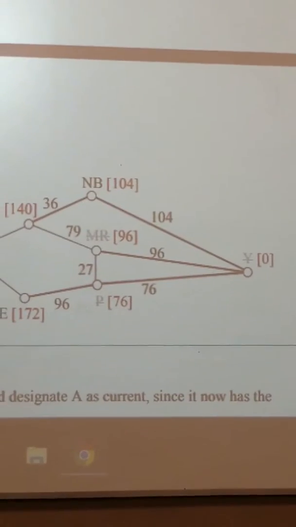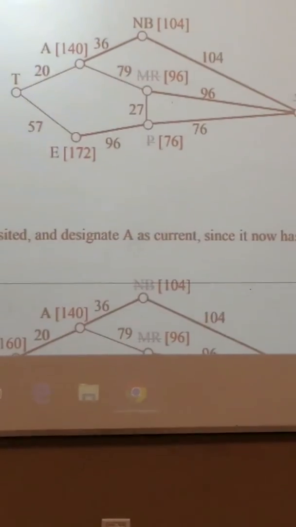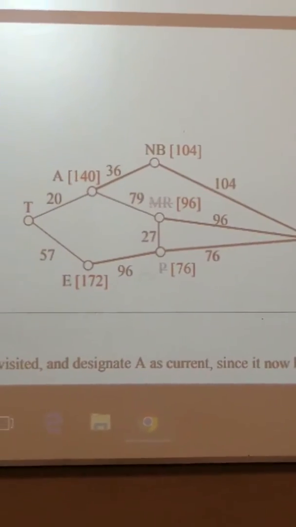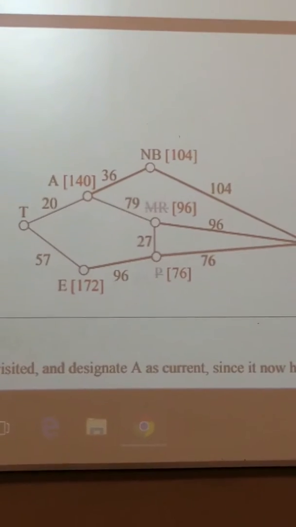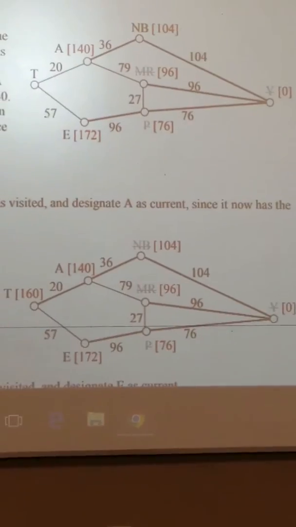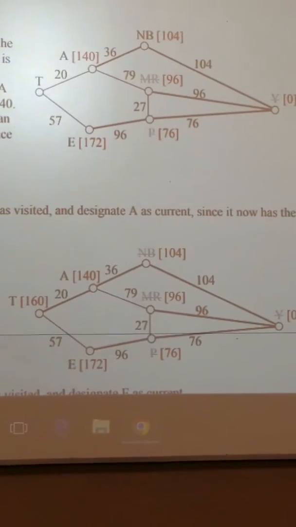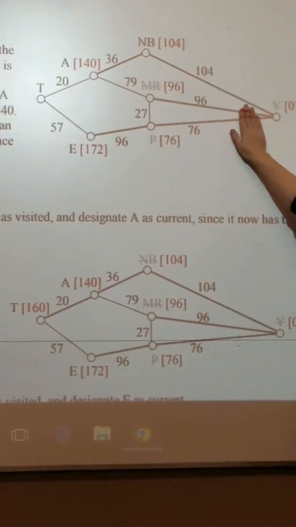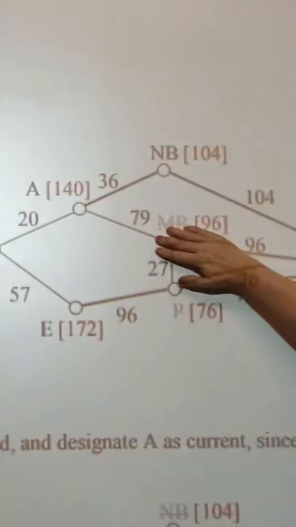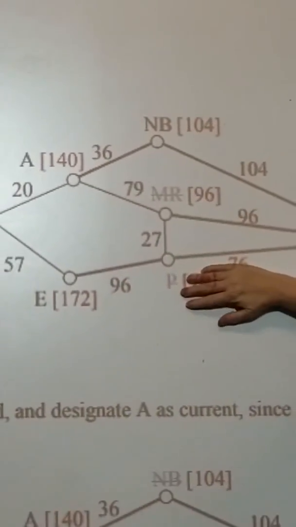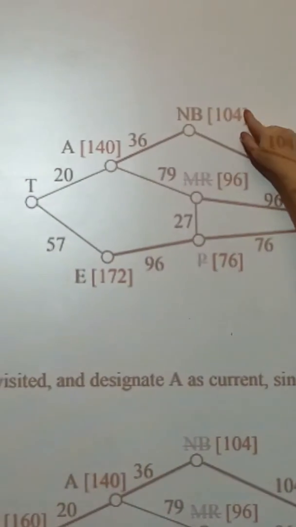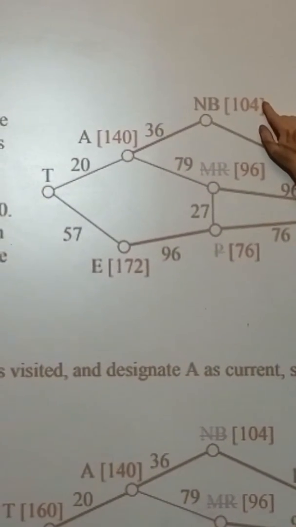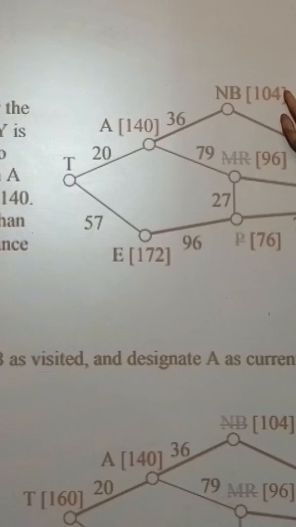So now, we mark Mount Rainier as visited, and we designate the vertex with the smallest recorded distance as current. So what is our smallest distance now? If these 3 have been visited, we're not looking at any of these 3. We're looking at 172, 140, and 104. 104 is our next one, because that's the smallest distance.